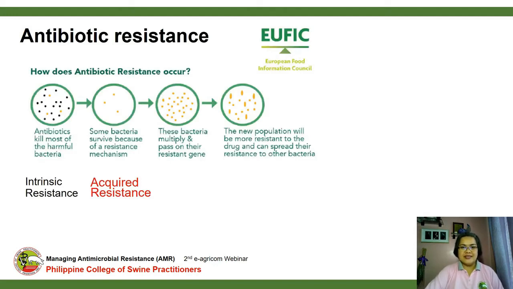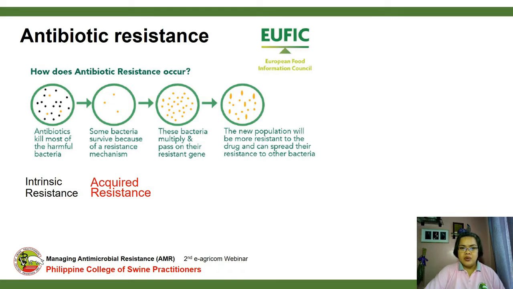To summarize, now that we understand that there is intrinsic resistance, and we just have to refer to product labels to make sure that we understand which ones could be intrinsically resistant, we now can focus on the more important acquired resistance, which is the concern.